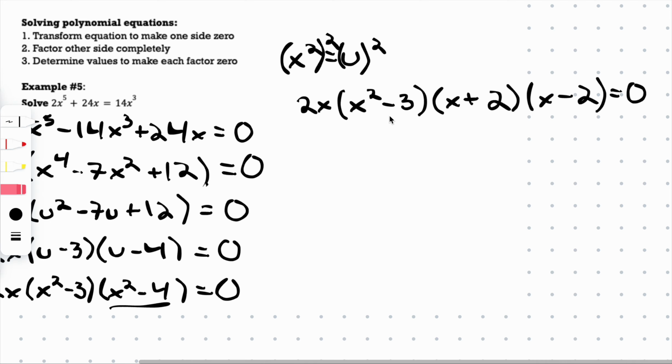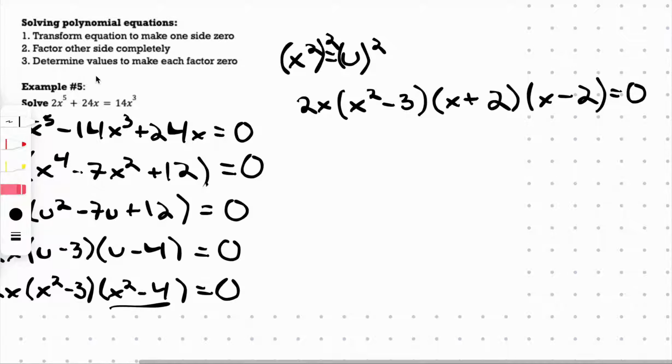So now we have everything in factored form, and we want to determine the values that make each factor equal to 0. So in this case, first of all, sorry, I'm trying to find the best way to explain this. Since we're multiplying every single one of these parentheses and 2x and all that, if any one of these parentheses or 2x are equal to 0, the entire left side is going to be equal to 0.